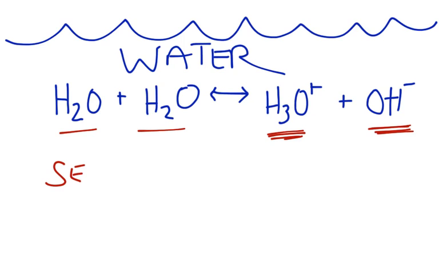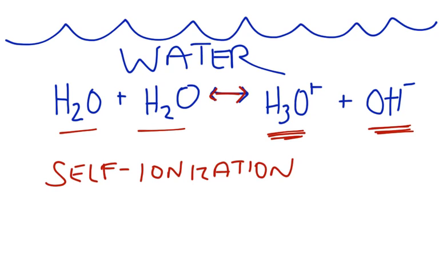It is called the self-ionization of water because it ionizes itself. When it combines with itself, it is making 2 different ions. What's nifty is, because this is a reversible reaction, if you look, it's going both ways. The end result here is you end up with equal concentrations of hydronium and hydroxide.